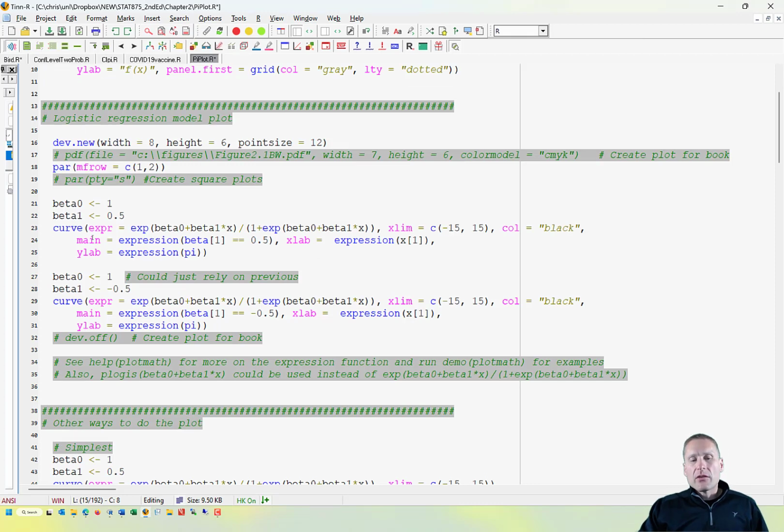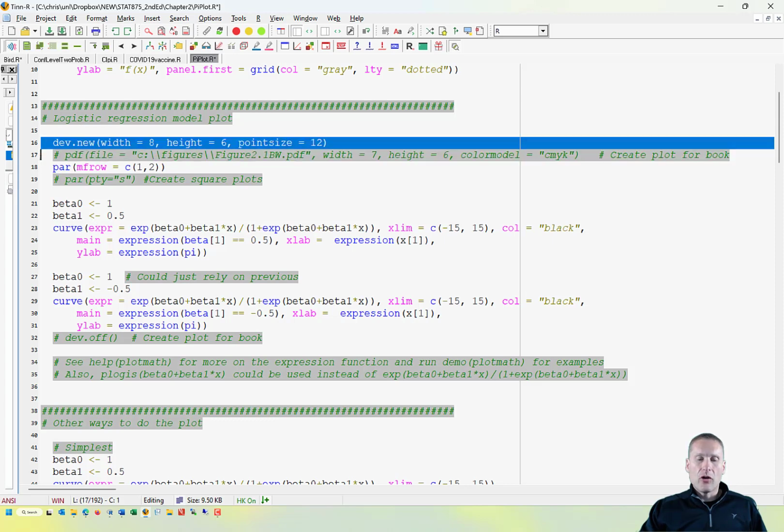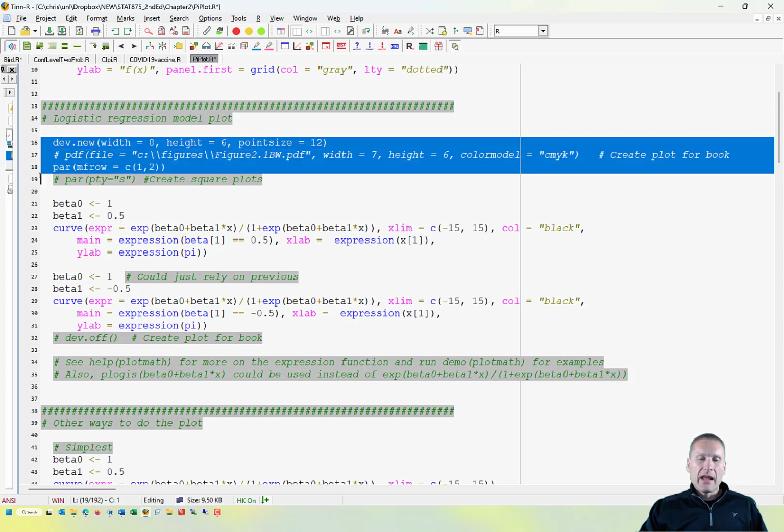Okay, so let's do now a plot of the logistic regression model. Again, I'm going to open up a new graphics window, and what I'm going to do is divide the graphics window into 2 parts. The way that this can be done is to use a function in R called par, which stands for graphics parameters. This function is used in a variety of different ways to control what things look like when they're plotted.